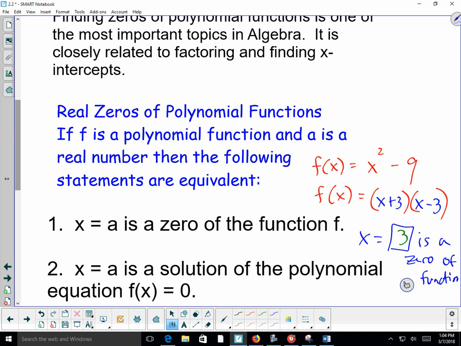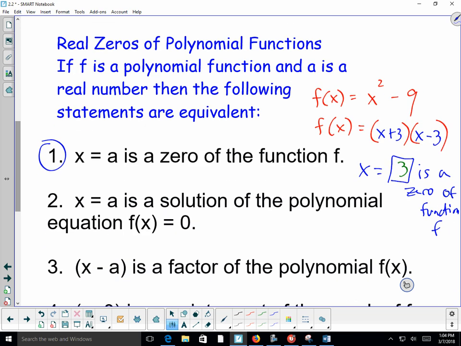So x equals 3 is a zero of function f. That's this example right here. But that's equivalent to saying x equals 3, in this case, is a solution of the polynomial equation f of x equals 0. So x equals 3 is a solution of x squared minus 9 equals 0. Very closely related.